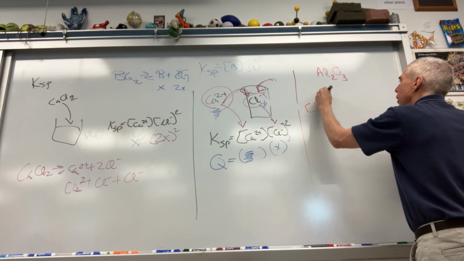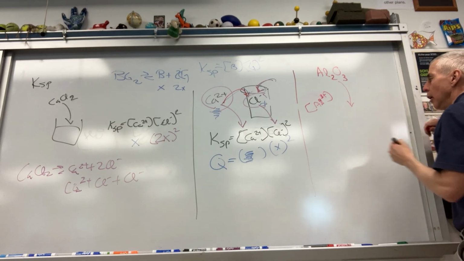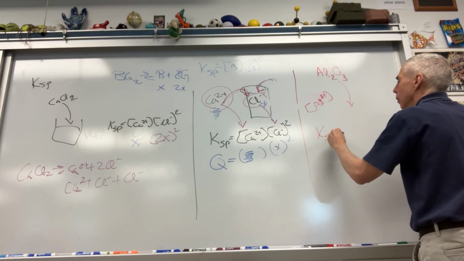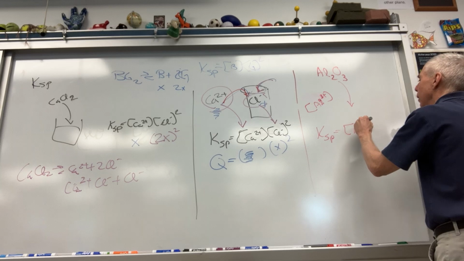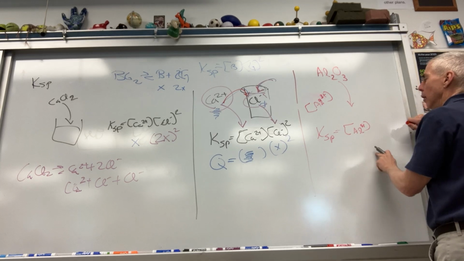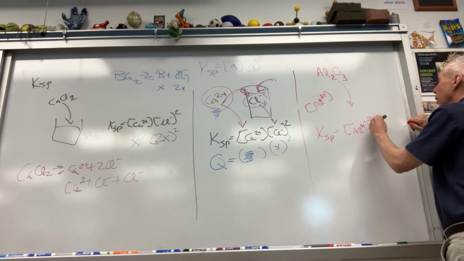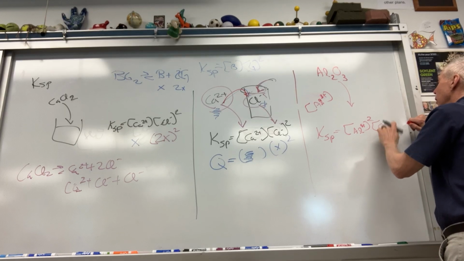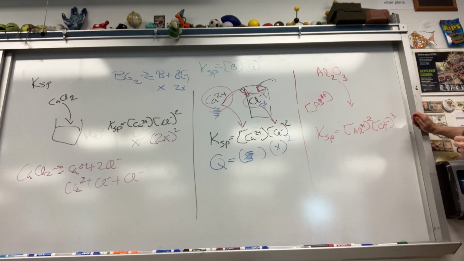What is the concentration of aluminum when you're done if you just throw this into water? So if I know the KSP, I'm going to go, okay, concentration of aluminum squared, right? Concentration of oxygen cubed?